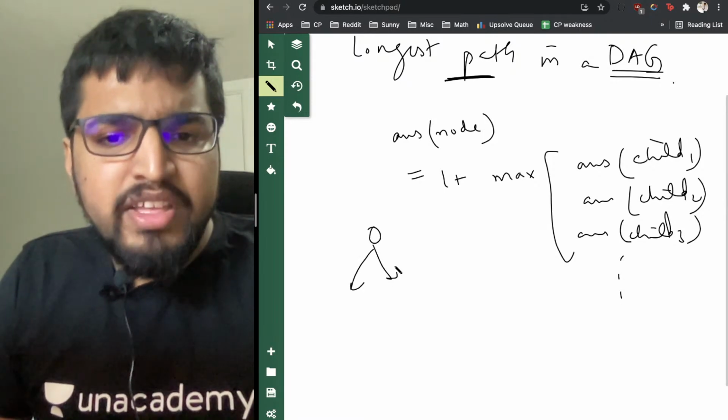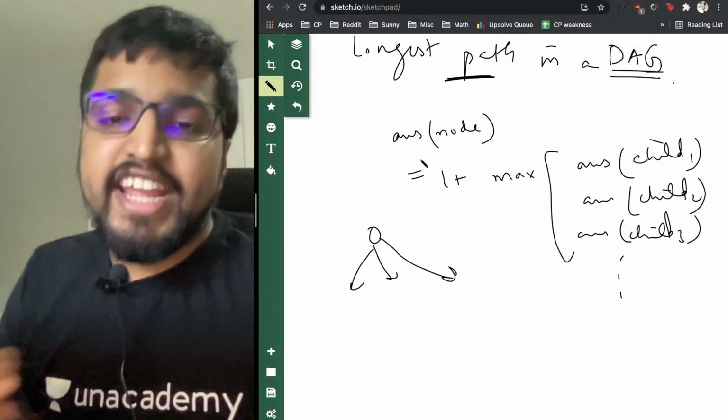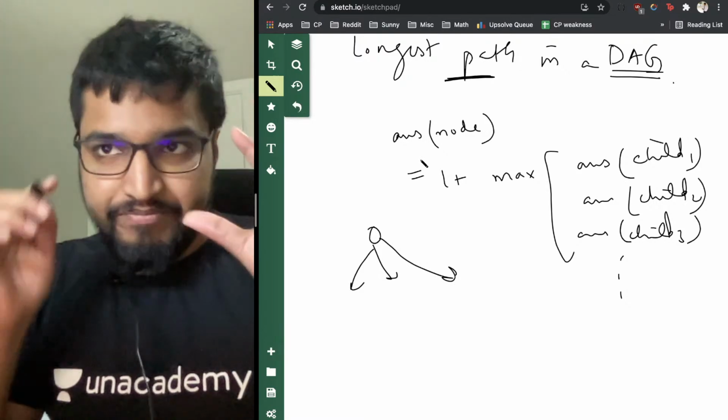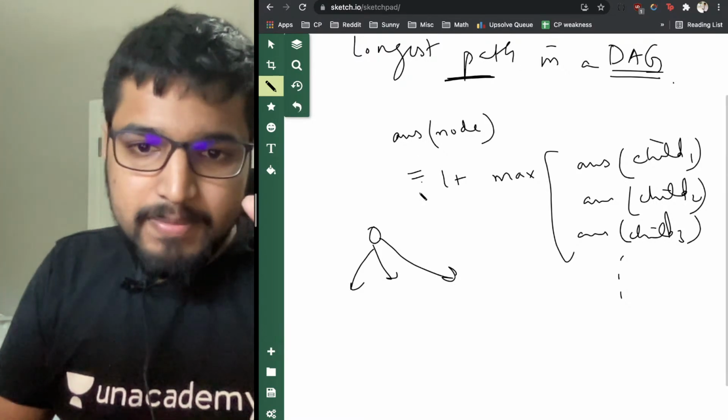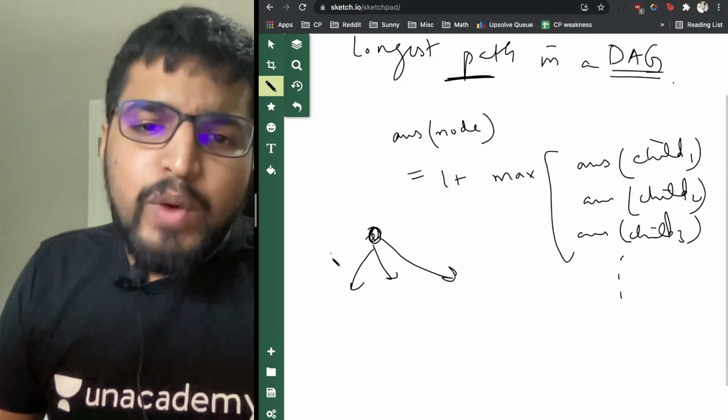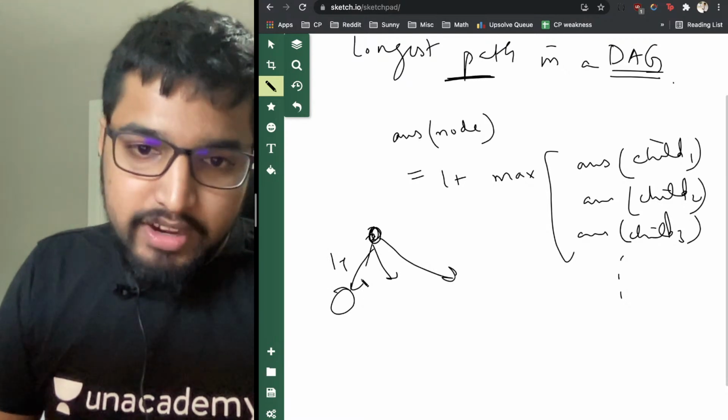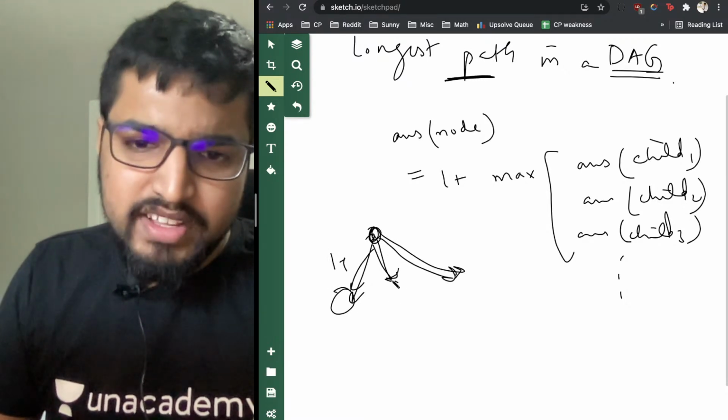Answer of a node, if you're starting at a given node n, the answer is basically 1 plus, you can either go from here or from here or from here.